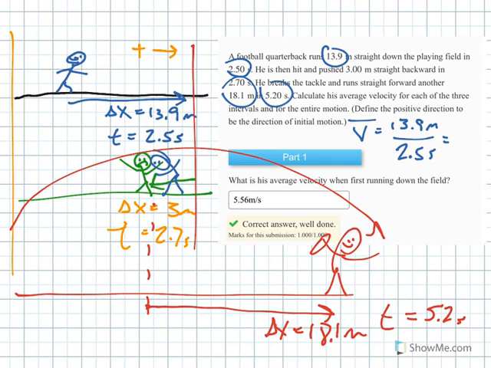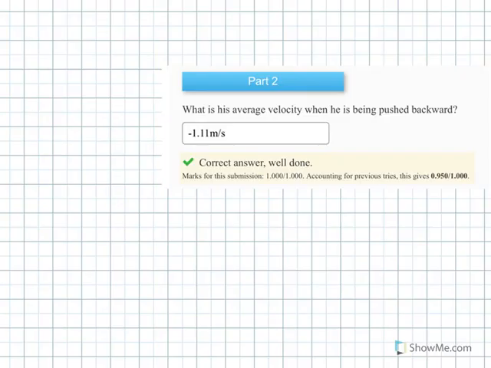Next part. All right, the next part here is what is his average velocity when he's being pushed backwards? All right, so again, for this one, V average is his displacement over time. Sorry, I'm having trouble holding this tablet right. And that's a horrible looking displacement.